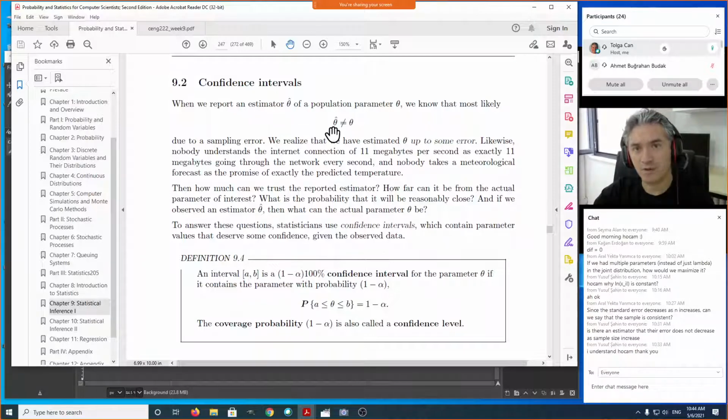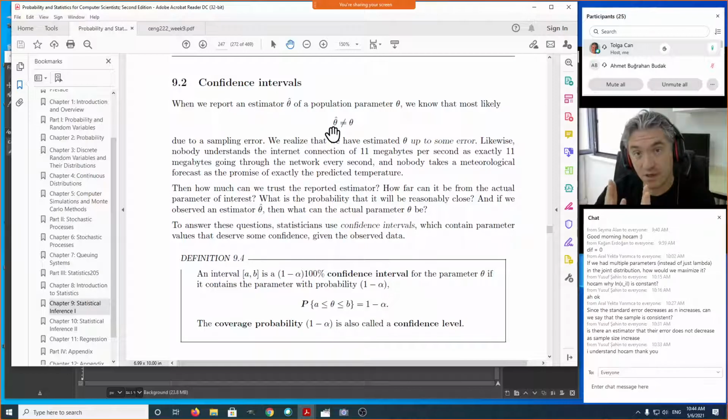And also, we don't want our interval to be from minus infinity to plus infinity, which will have 1.0 confidence level, but it will not have much meaning, right? We want the intervals as small as possible. At the same time, we want the confidence levels to be high, but these are two competing properties.